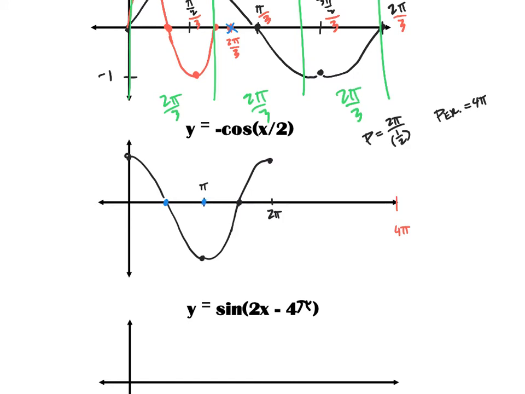It's going to bring it over here. And it's going to take this point, which was at pi, and double it, which is going to bring it over here. And it's going to take this point, which was at 3 pi over 2, and double that, which will put it at 3 pi. And it's going to take this point here, which was at 2 pi, and double it. Put it right there.